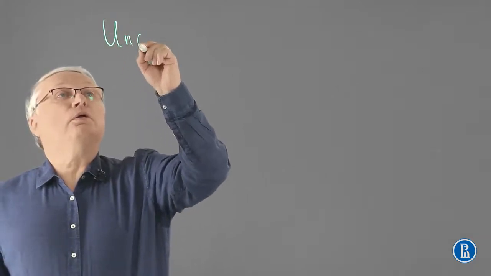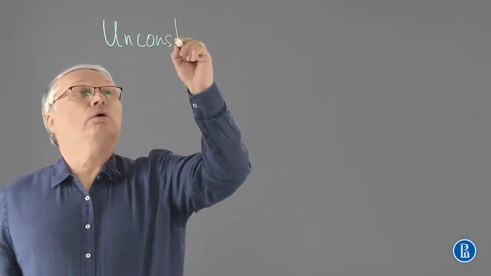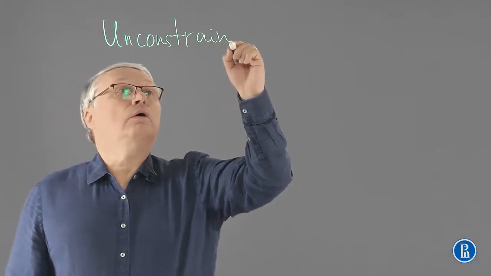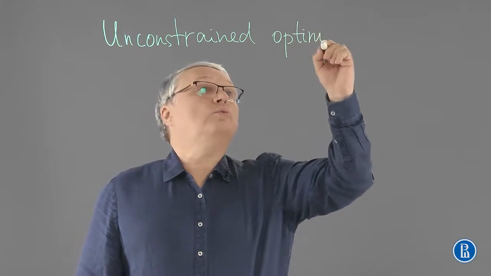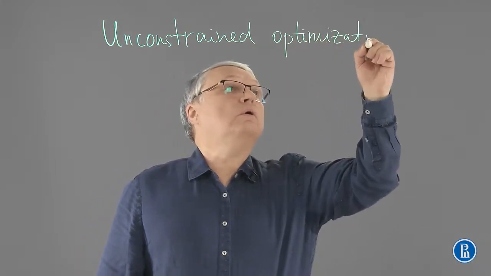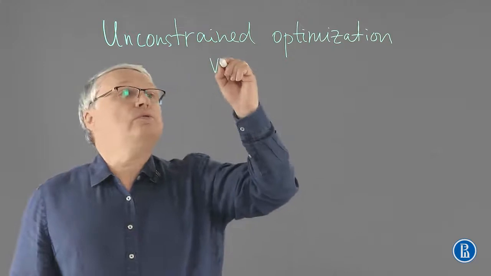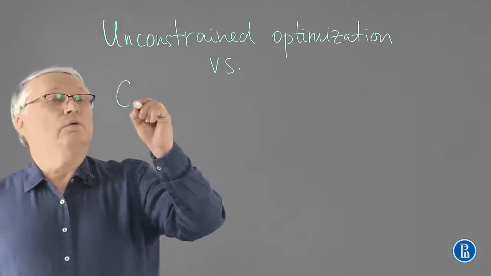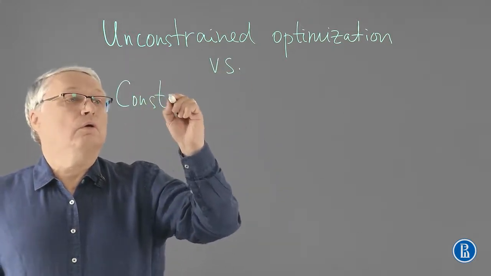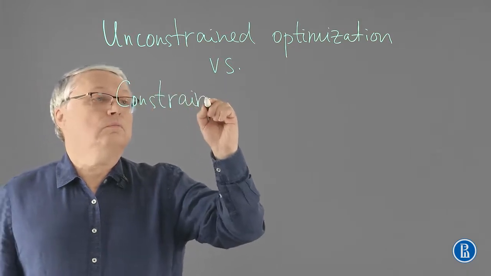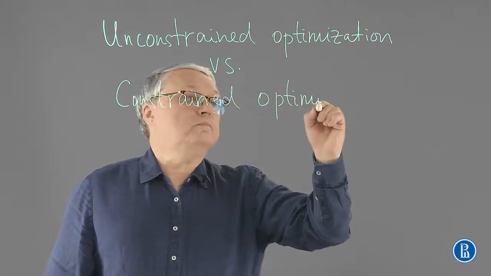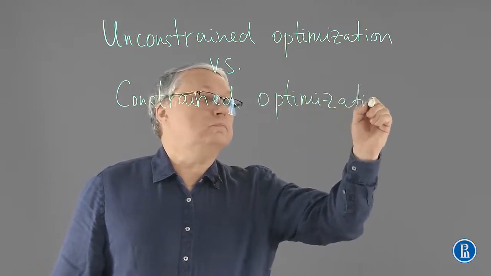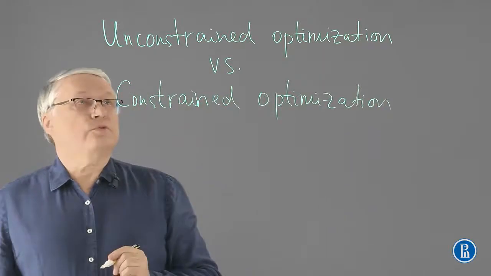So we can consider an unconstrained optimization versus constrained. So what's the difference?